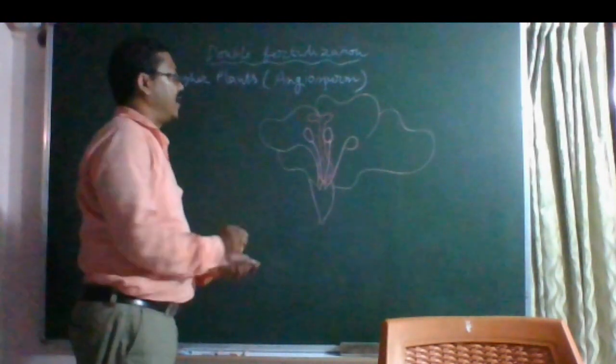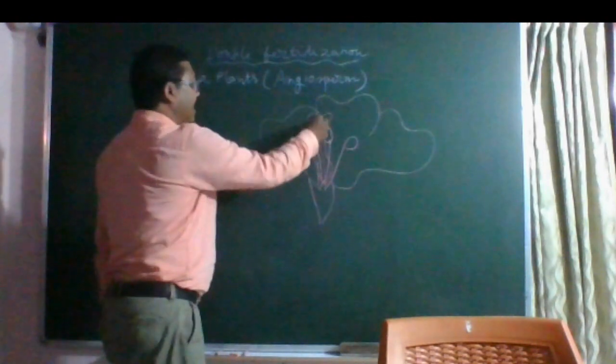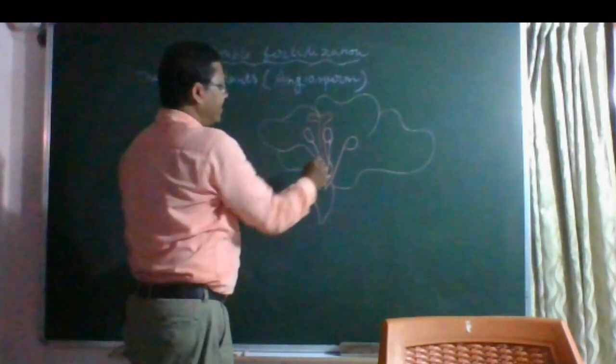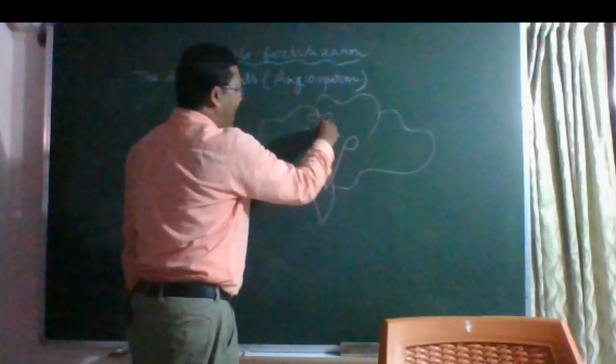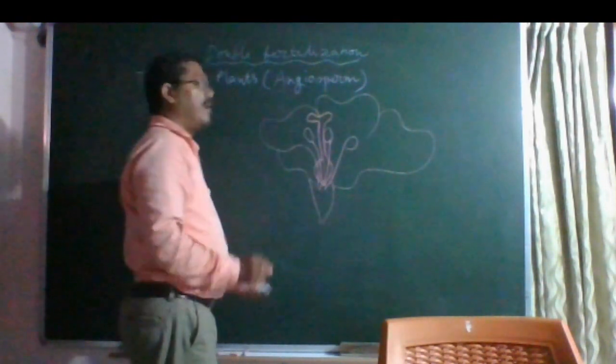These 4 floral parts are present in a complete flower. The gynoecium consists of ovary, style, and terminal end is called stigma.